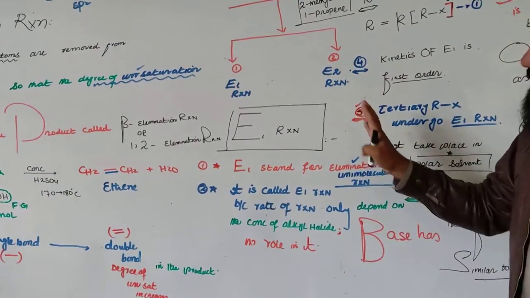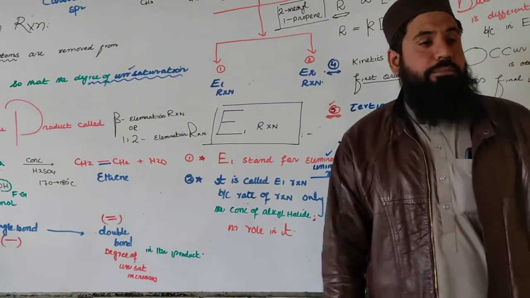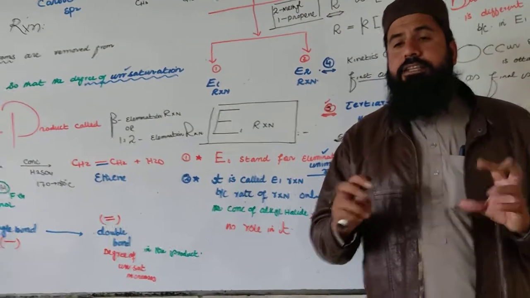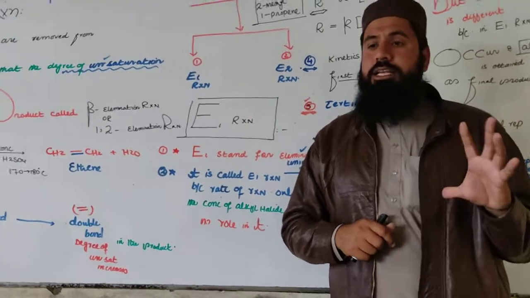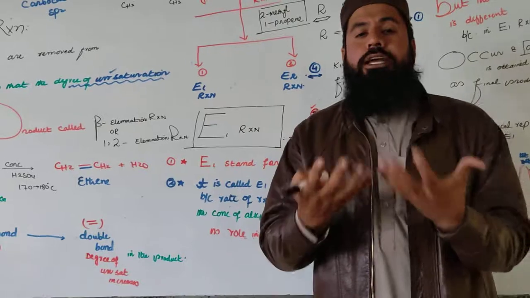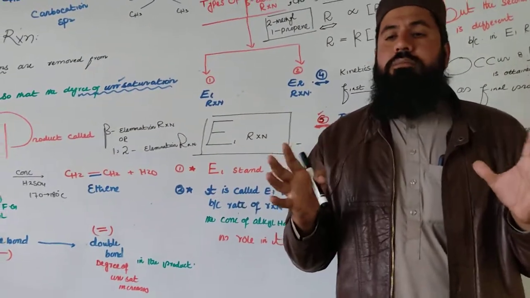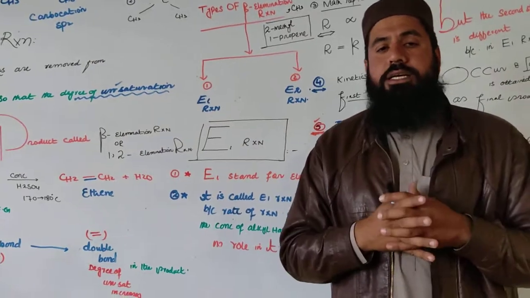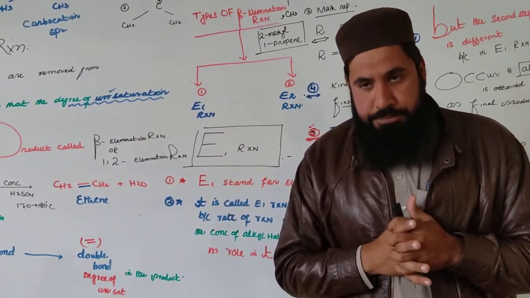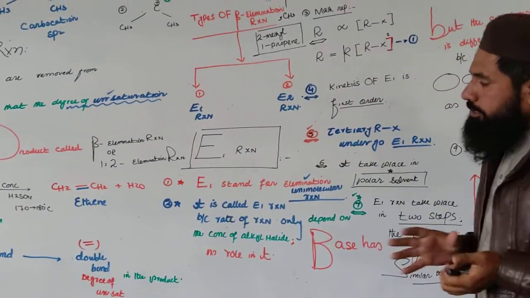Today we will discuss the E1 elimination reaction. So what is an E1 elimination reaction? E1 elimination reactions are called unimolecular elimination reactions, and they take place in two steps. So let's go into the detail.